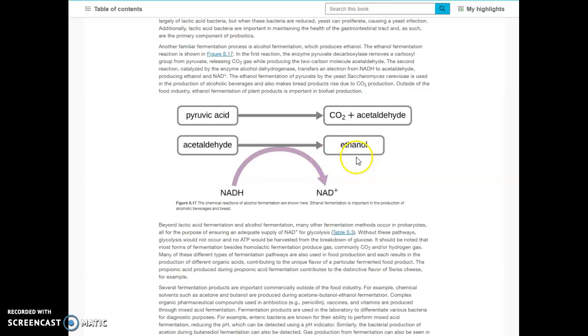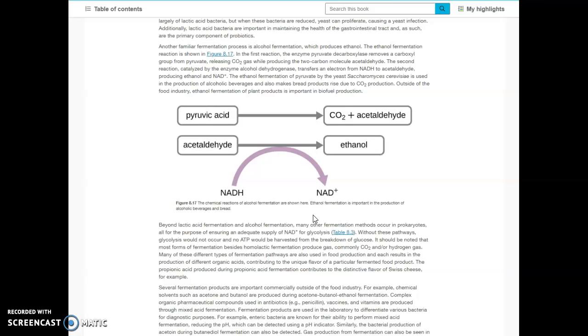And keep in mind, we're not showing the enzymes that make these processes occur, but those are there. Remember, enzymes are necessary for these processes to occur. We also get the stripping of that electron to convert the NADH back to NAD+, so that it can be used in glycolysis again.